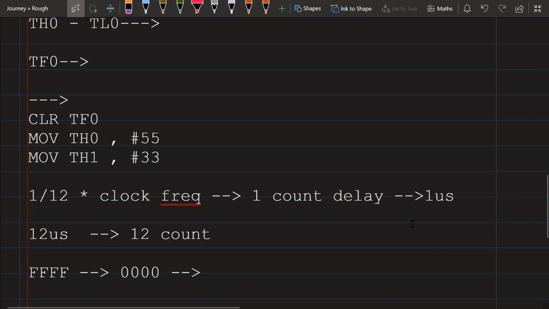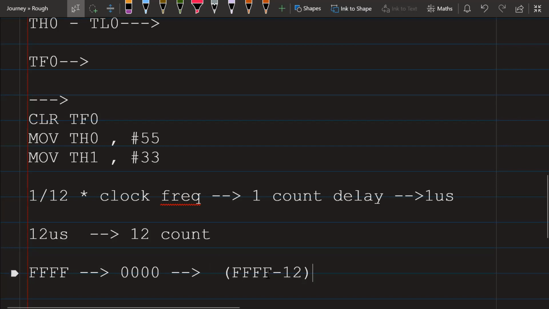If I initialize the timer with 0, then after each FFFF count it will roll over. But I want it to roll over after every 12 counts. So what do I have to load? I have to load FFFF minus 12 to the timer.